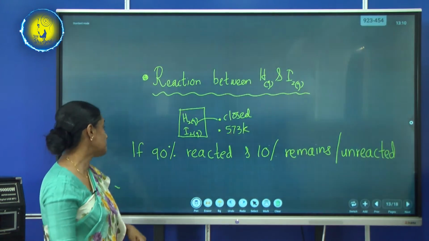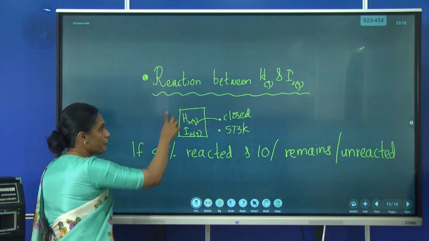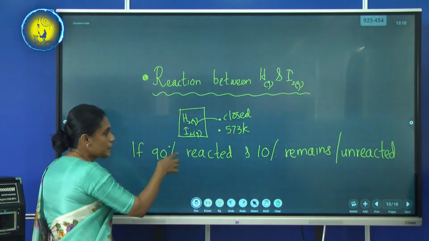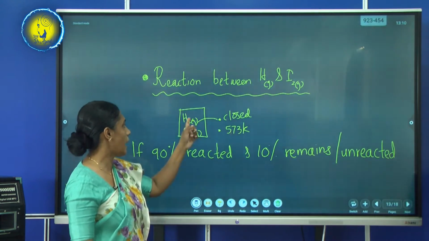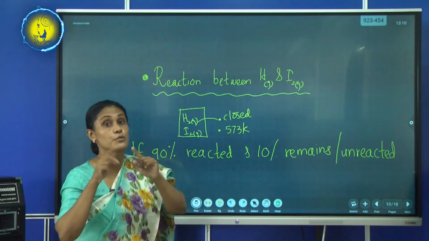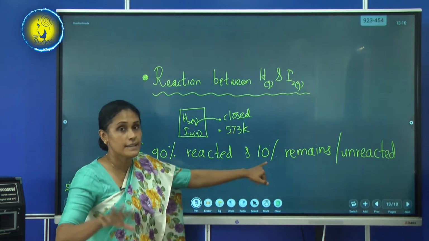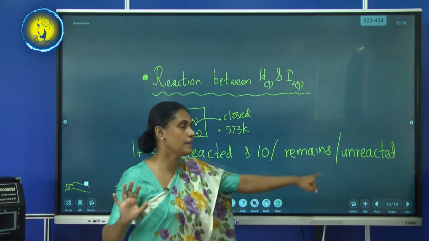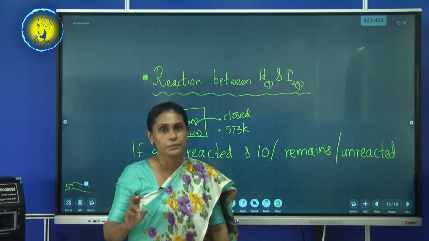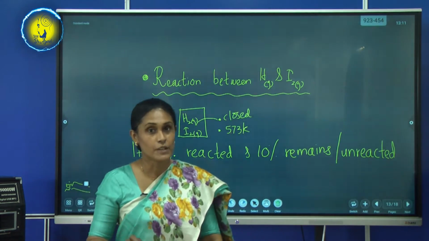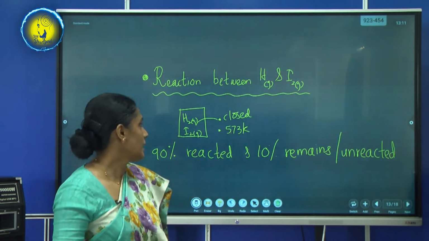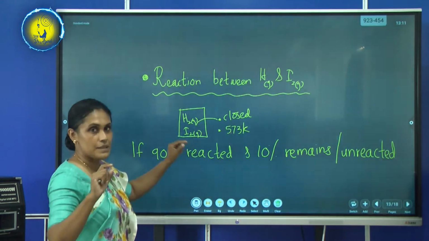Included the gases, right? If this process is 90% reacted, I mean hydrogen and iodine reacted up to 90% and 10% remaining unreacted, what will happen? Now just keep this in your mind.